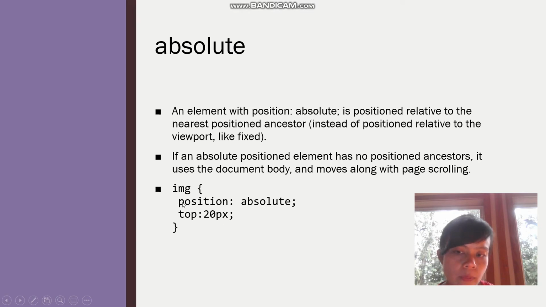So you would set it like this: position absolute, and either top or left or right or bottom, whatever value. This is positioned relative to the nearest positioned ancestor. But if there are no other positioned ancestors, then it just uses the normal position.